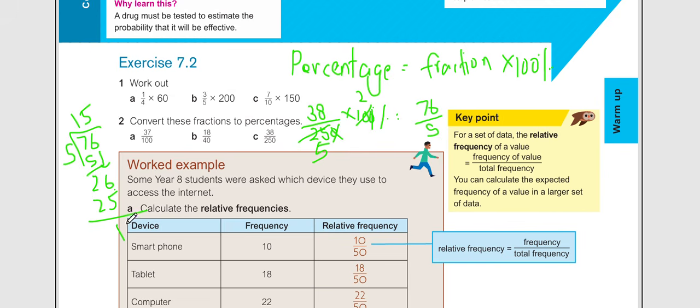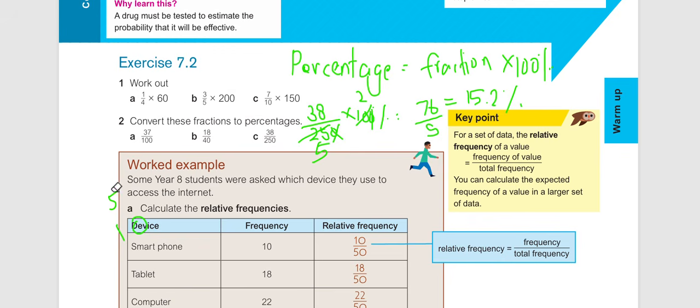One remains, and we need to get another 0 here. Then we put a decimal point here, and for 10 there are 2. So the answer is 15.2%. Is this clear? Yes. Okay. Right.